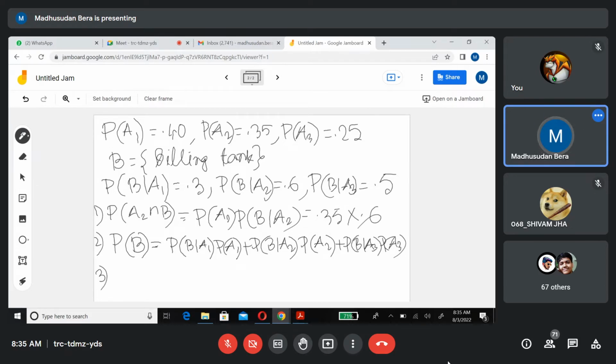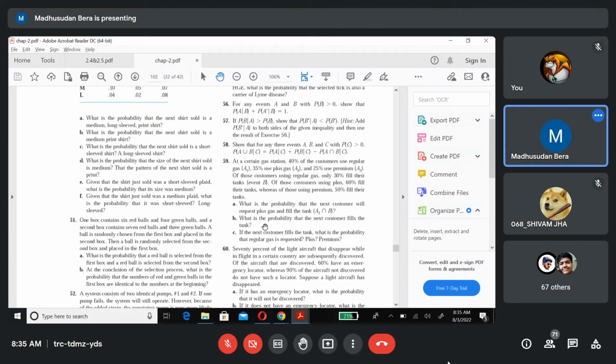Then part 3. If the next customer fills the tank, it is given that the customer fills the tank. What is the probability that regular gas was requested, or plus gas, or premium? So 3 questions are here. B is given.